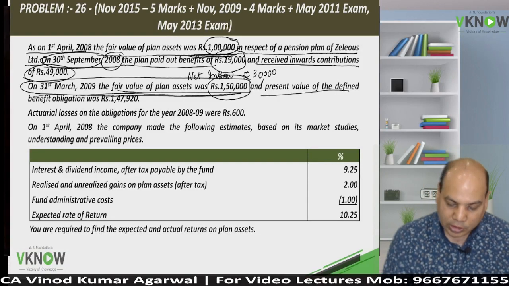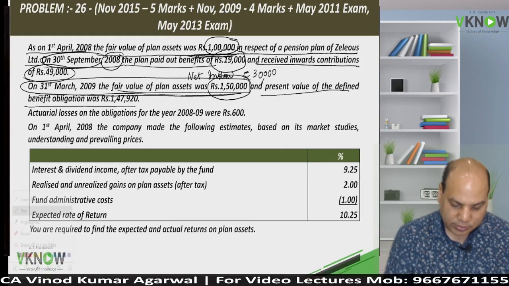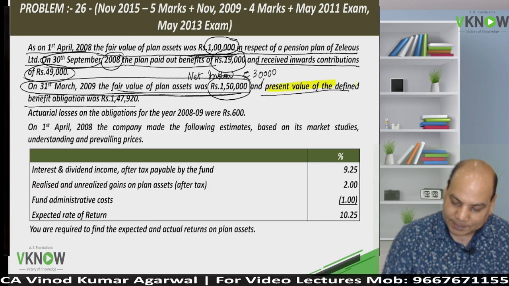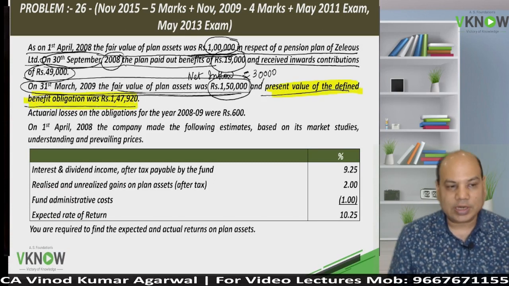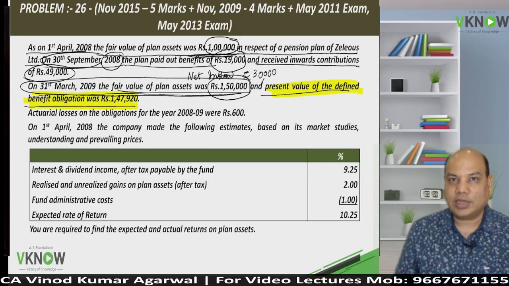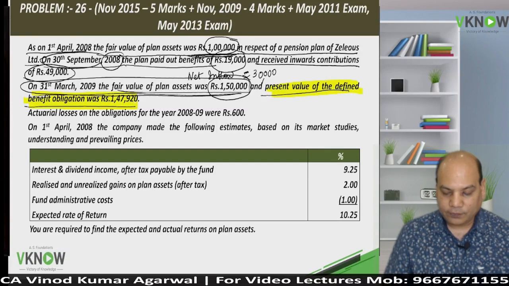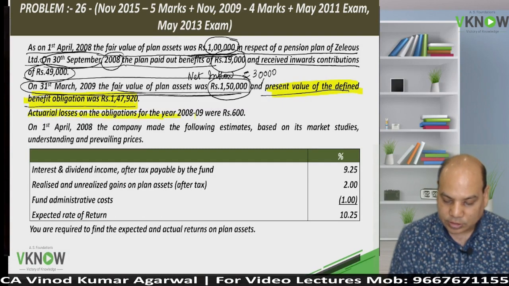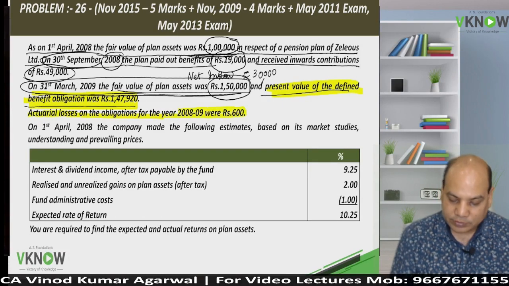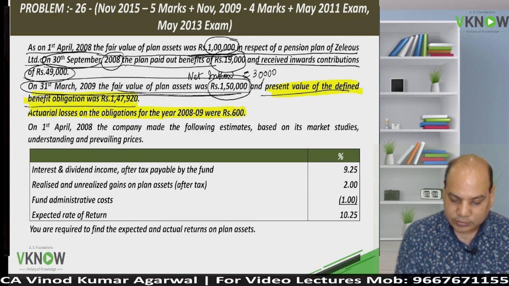And the present value of defined benefit obligation, this is liability, is 147,920. Actuarial loss on the obligation, this again on the liability, is 600.